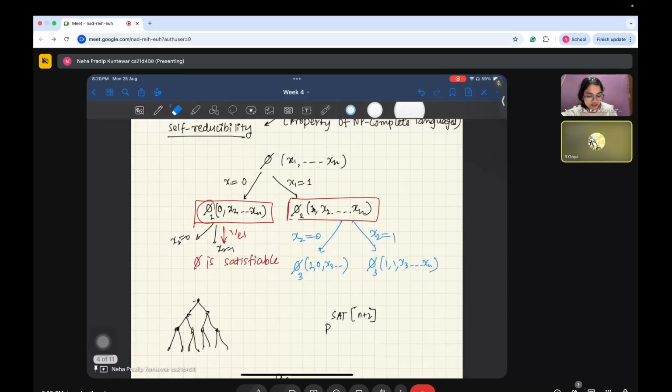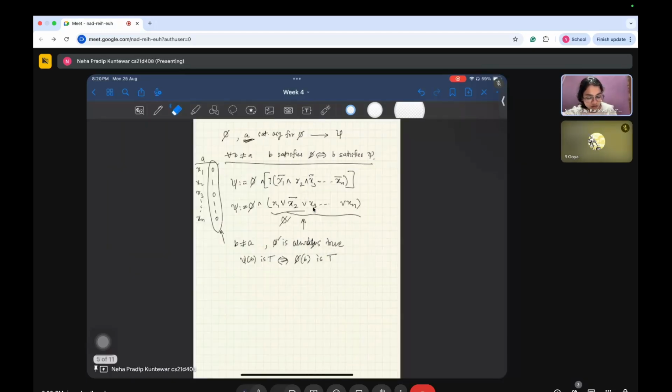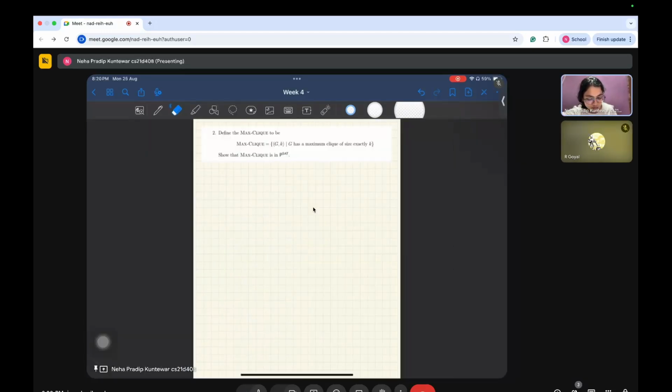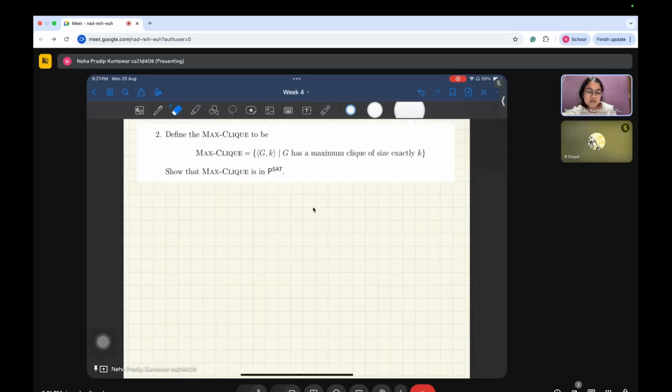Right. Okay. Thanks. Just one last question for today, which is very similar to what we did just now, so we'll just go through a high level idea. In this case, the max click question is: does this G have a max click of size exactly K?